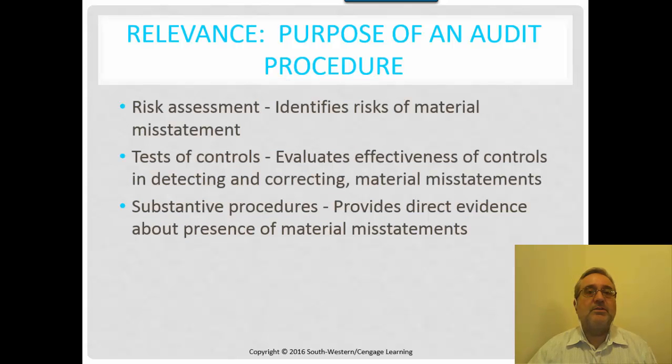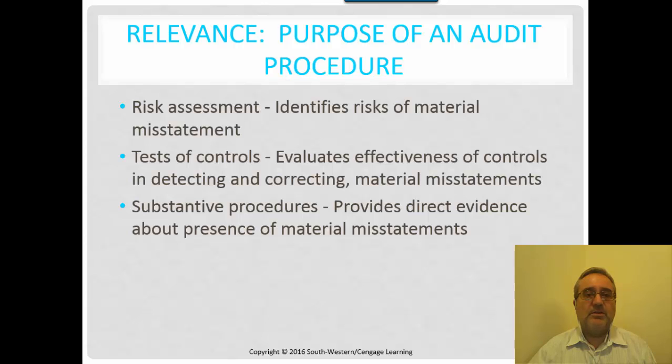The relevance, as we've talked about before, relates to the assertion. But keep in mind that relevance relates also to what we're actually doing, whether we're in the risk assessment stage, the test of controls, or substantive procedures. So relevance as it relates to the risk assessment is that we're attempting to identify relevant risks of material misstatements.